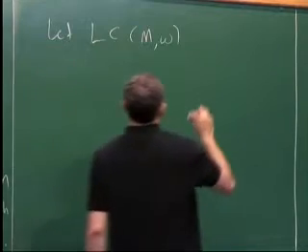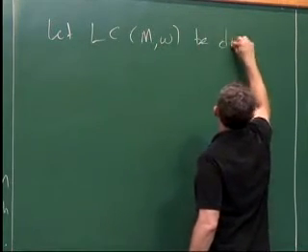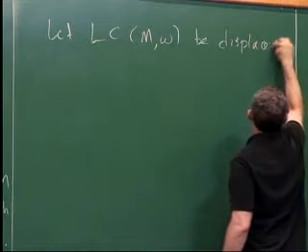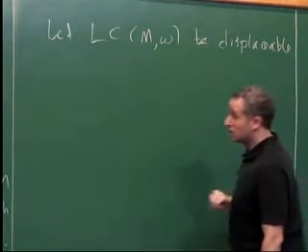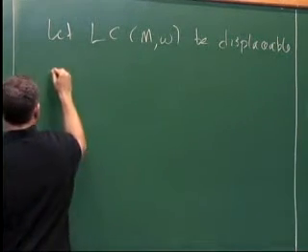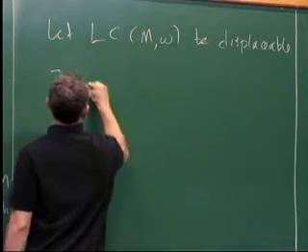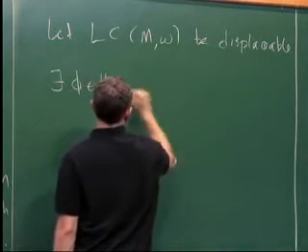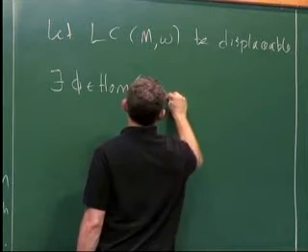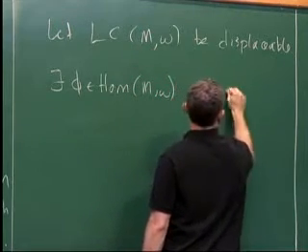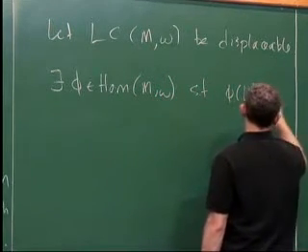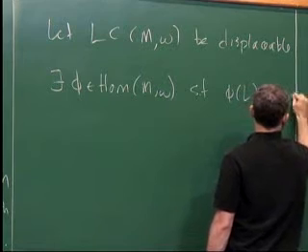So let's let L be displaceable, also a notion which has arisen in several talks. I'll just remind you, i.e. there exists a Hamiltonian diffeomorphism, or the time one map of a Hamiltonian flow, such that the image of L does not intersect L.